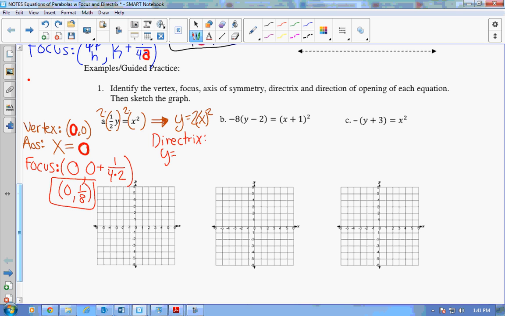You take the y coordinate of the vertex, 0, minus 1 over 4 times 2. So the directrix is y equals negative 1/8. So it's an equation. The axis of symmetry is an equation, and the directrix is an equation. Axis of symmetry is x equals. The directrix is y equals.